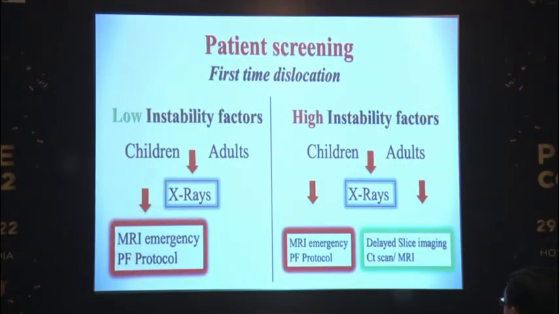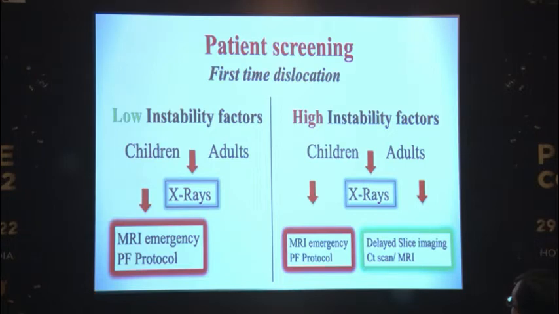So the patient screening for the first-time patellar dislocation: if you have low instability factors and you are dealing with children, X-rays and MRI. If you are dealing with adults, you don't really need to have an MRI immediately, because you will not miss this osteochondral bone fracture.